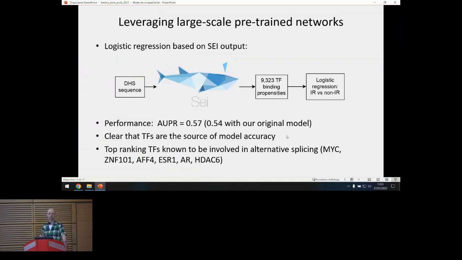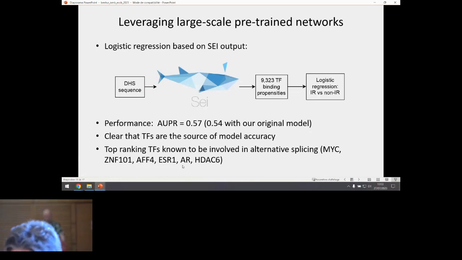And here it is very easy to analyze the weights of logistic regression and get the relative weights of different transcription factors. And in our top 10, we got some of these proteins that are all documented in the literature as having some involvement in alternative splicing.